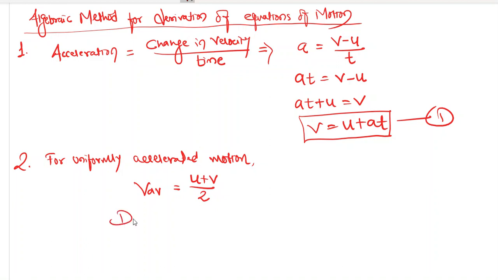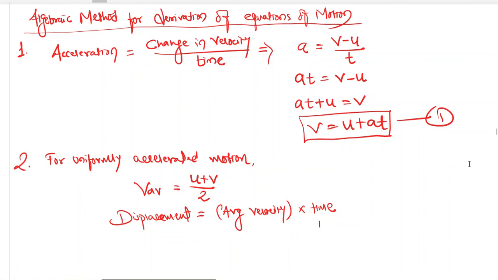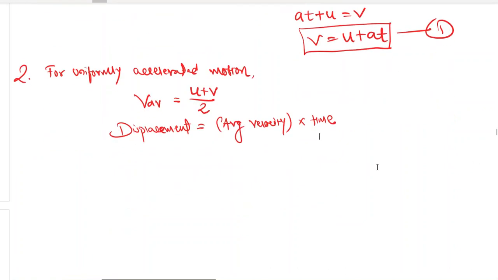Also, we know that displacement is equal to average velocity multiplied by time, right? Total displacement upon total time is average velocity. So total displacement is equal to average velocity into total time. Yes, that is true.